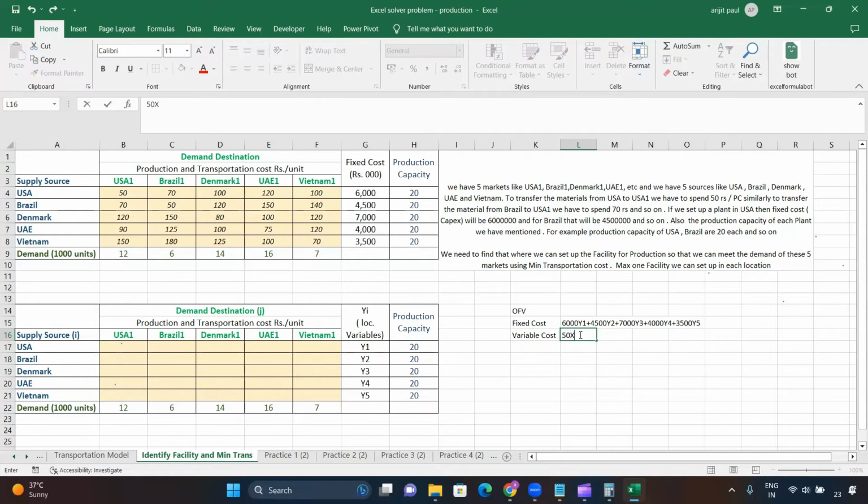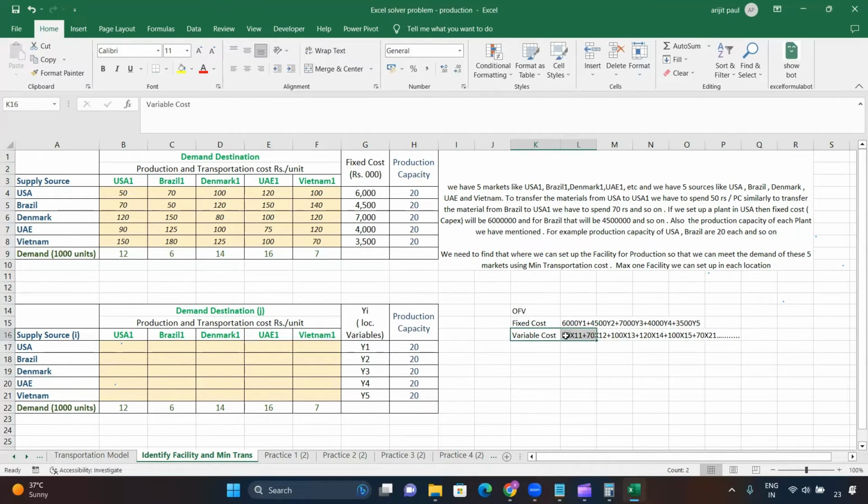That will be 50 x11 plus 70 x12 plus 100 x13 plus 120 x14 plus 100 x15 plus 70 x21, like this way.